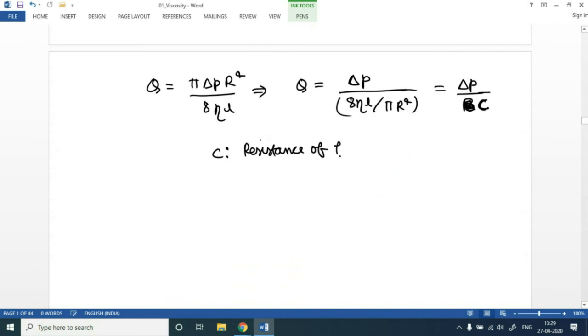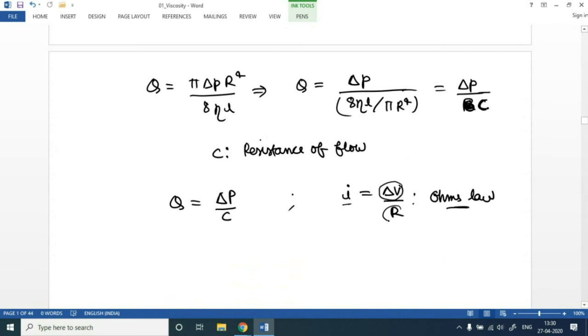Why are we saying that? When we have written Q equal to delta P by C, we must realize this is very similar to the form I equal to delta V by R, that is Ohm's law that we use in current electricity. That electric current is delta V by R, where delta V is the potential difference and R is the resistance.